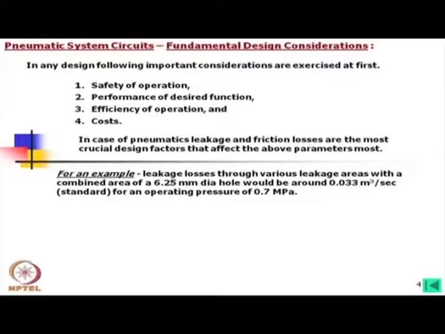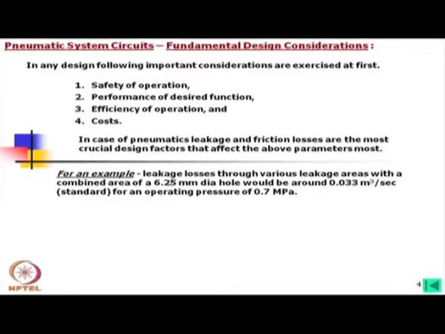Now, for an example, consider leakage losses through various leakage areas with a combined area equal to a 6.25 millimeter dia hole. That means we are considering that the orifice through which the leakage occurs is 6.25 millimeter dia. This is a very rough estimation, because summing up all the areas becomes equal to the area of a 6.25 millimeter dia hole.